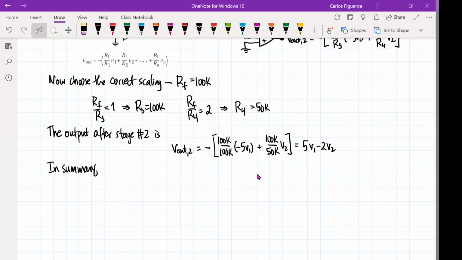this designed op amp circuit looks like this then. I'm going to start off with V1, then I'm going to have my first stage, and the whole goal here is to invert the sign of the voltage.